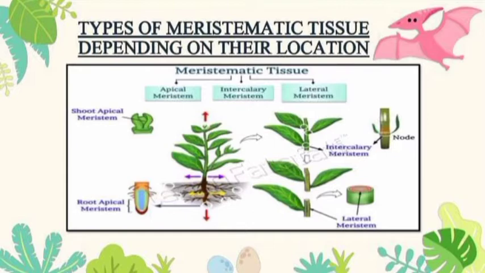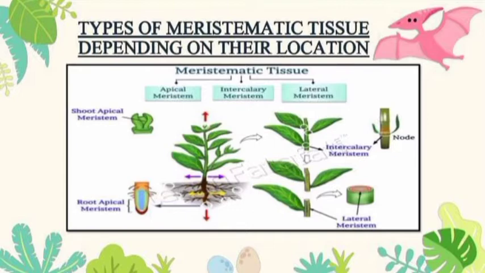Here you can see clearly in the figure, and at the base of the leaves from where the leaves arise, that is the nodes. Node is the region between the two internodes. The nodes and internodes you can clearly see in the sugar cane.